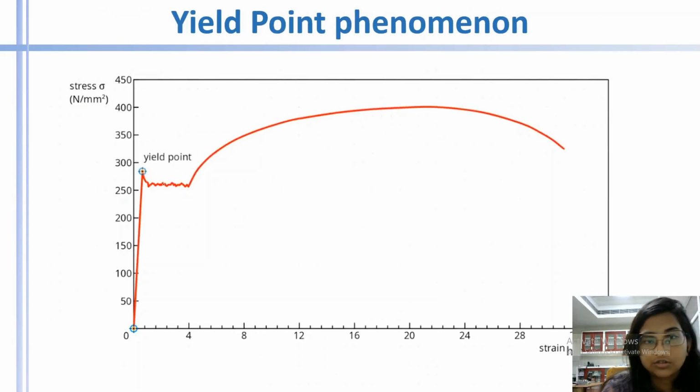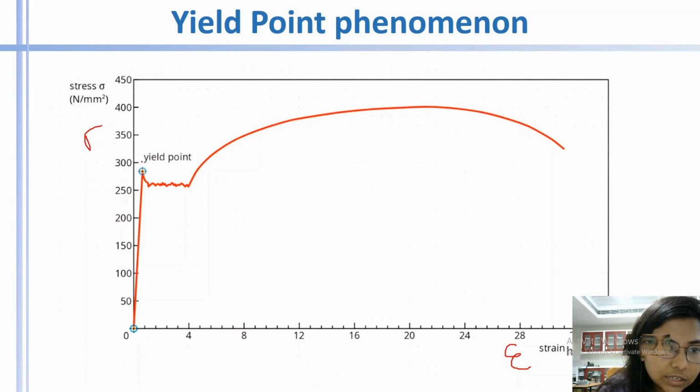Okay, so now we will come to the quadrille atmosphere and the yield point phenomena. So first we will start with this. This is again a simple stress strain curve. This is sigma stress, this is epsilon, the strain. So we see this part, we know what this part is.